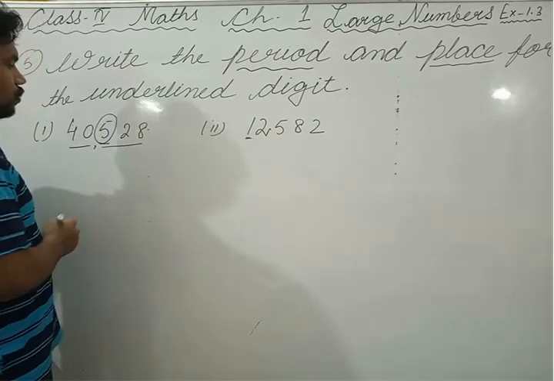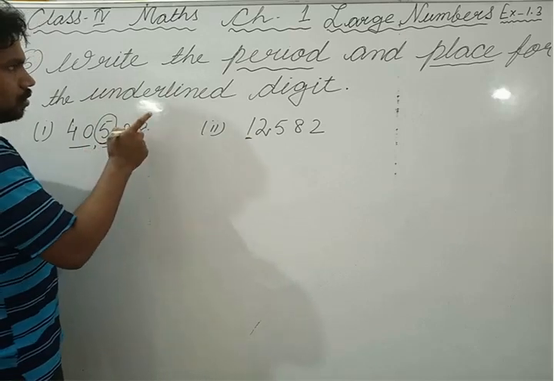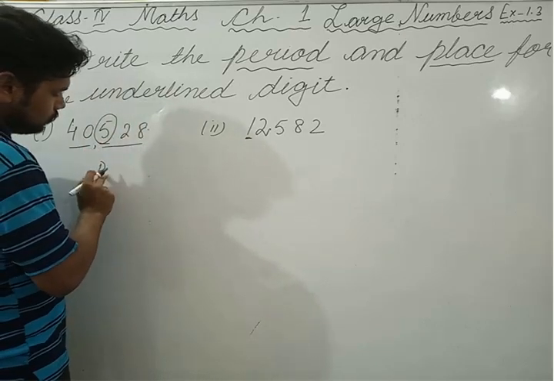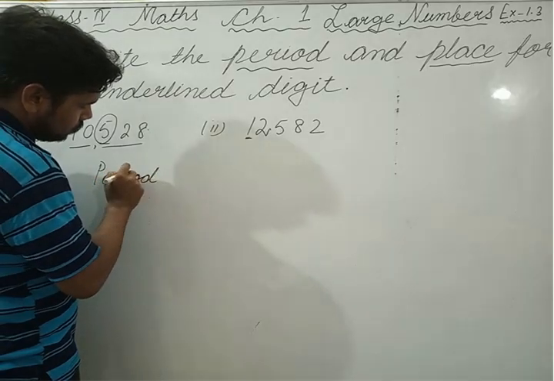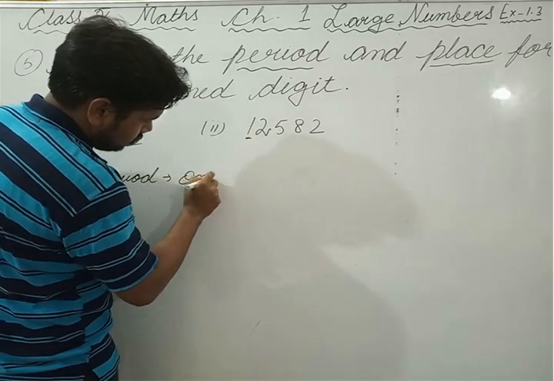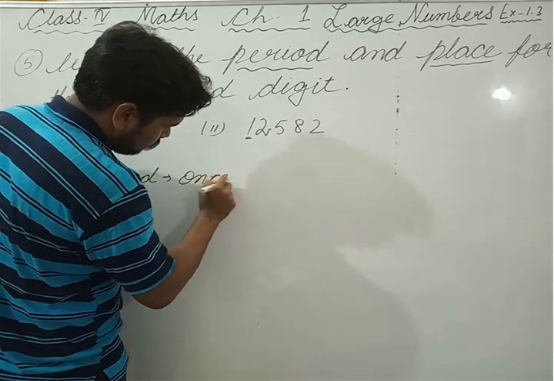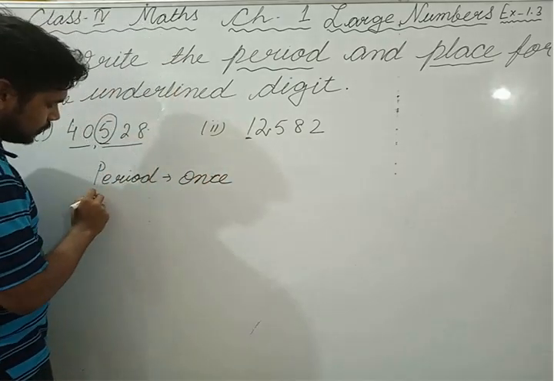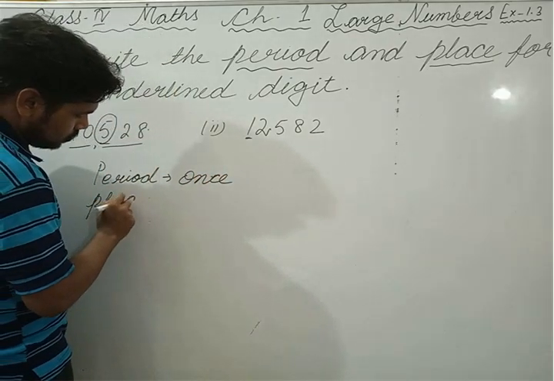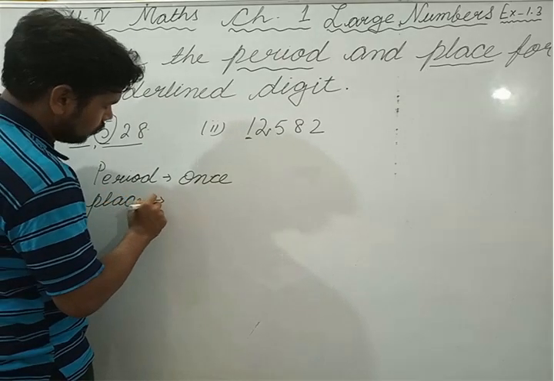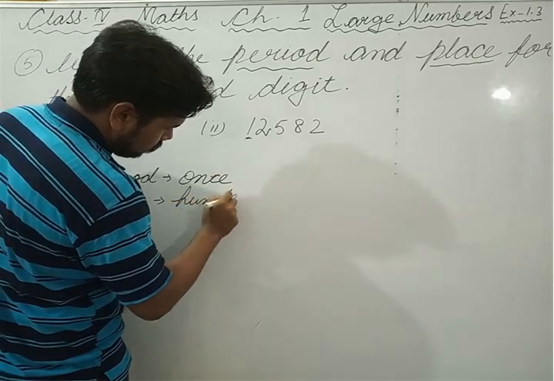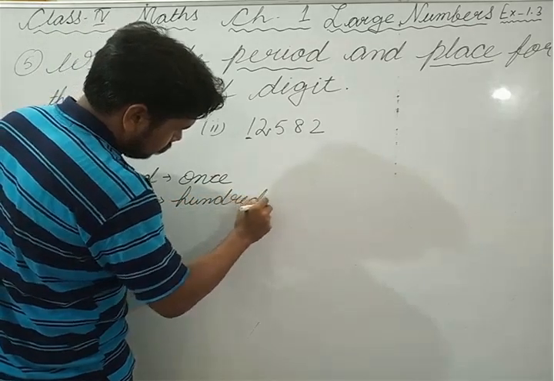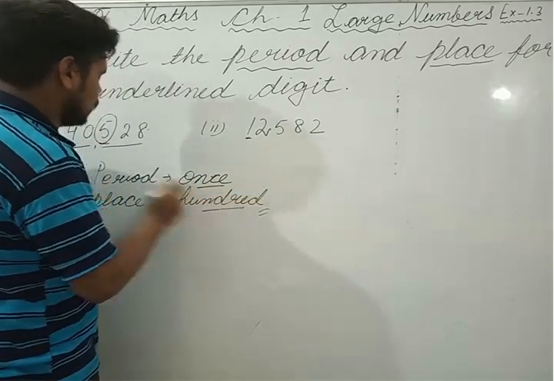We will write this as period is equal to ones and place is equal to hundreds. So this is the difference, ones and hundreds.